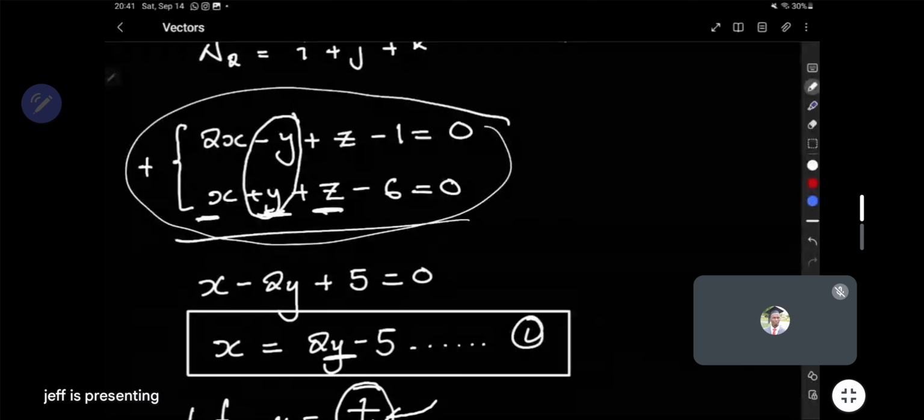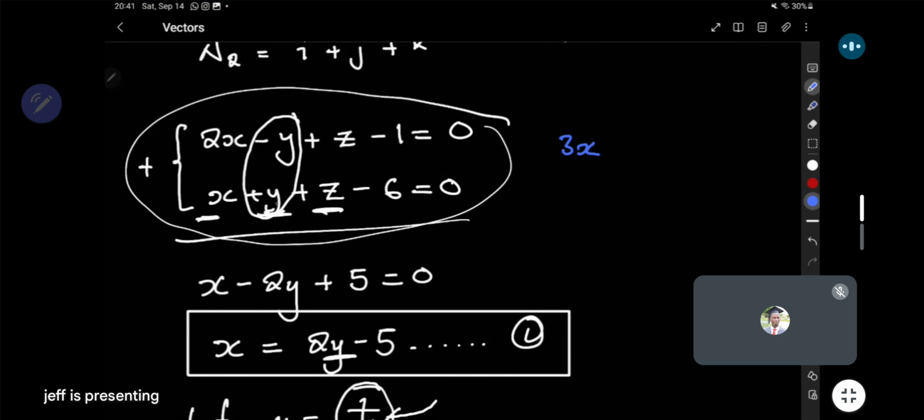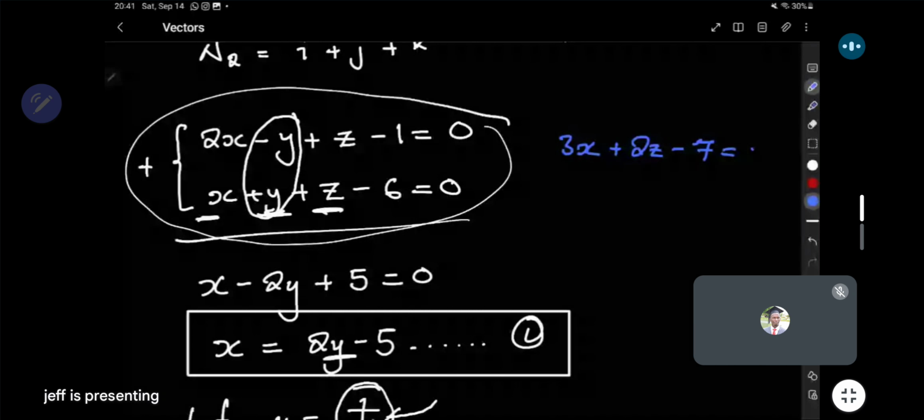Let me show you how it would have continued. 2x plus x would have been 3x. Y would have reduced to 0. Z plus z would have given you 2z. And then negative 1 minus 6 would have been minus 7, is equal to this.